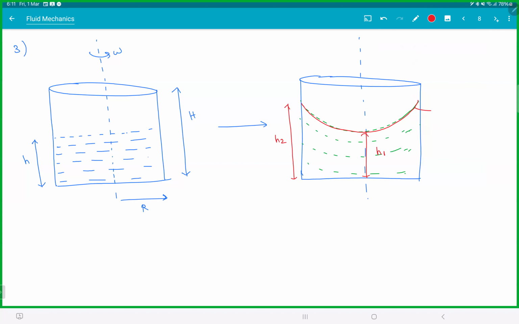So the first question is, find the equation of this curve. Second question, it's called vortex, whatever you want to call it. Find H1, H2.